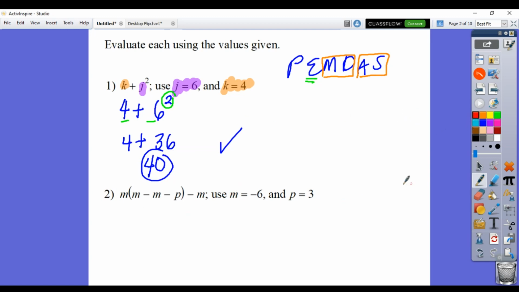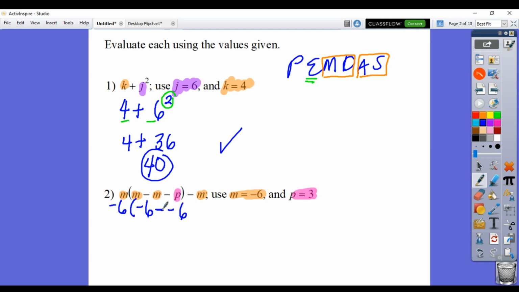Next, here we have m is equal to negative 6. So everything here is going to be negative 6. And p equals 3. So therefore, this p here will be equal to 3. So therefore, we're going to have now negative 6, parenthesis, negative 6, minus negative 6 again.